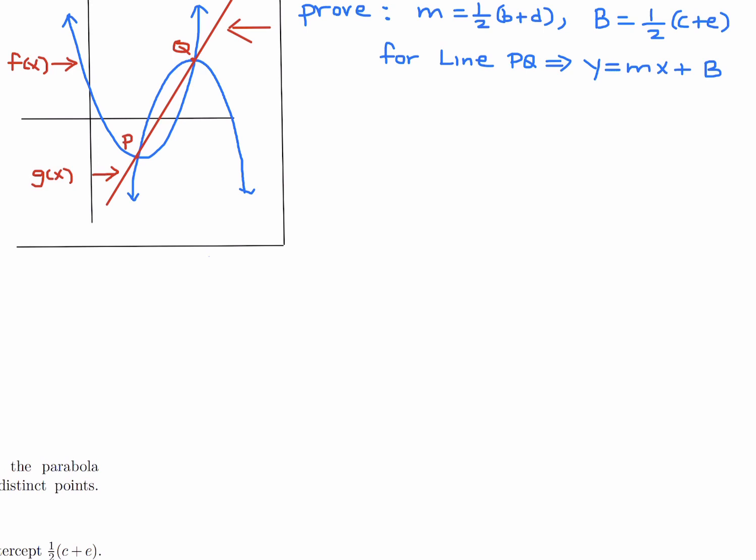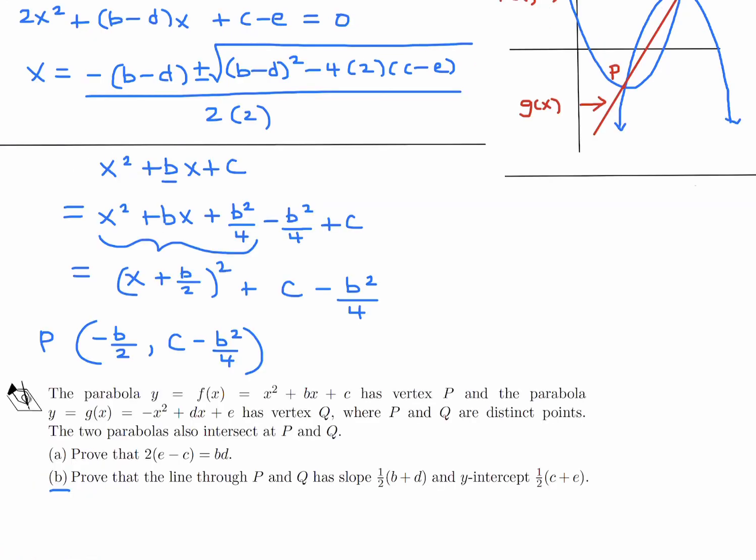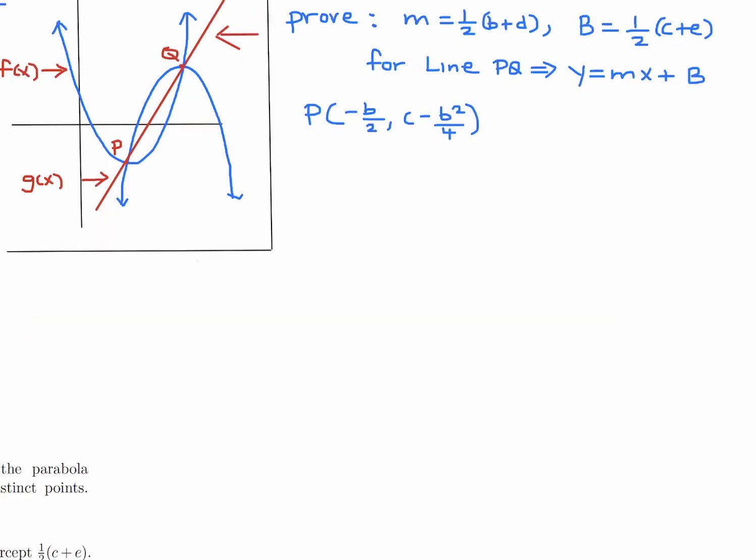So the first thing I'm going to need is the coordinates for P and Q. Now the coordinates for P, I think I already figured out previously right here. So let's write that in. And the coordinates for Q, we can figure out in an identical way by completing the square for the equation of g of x.